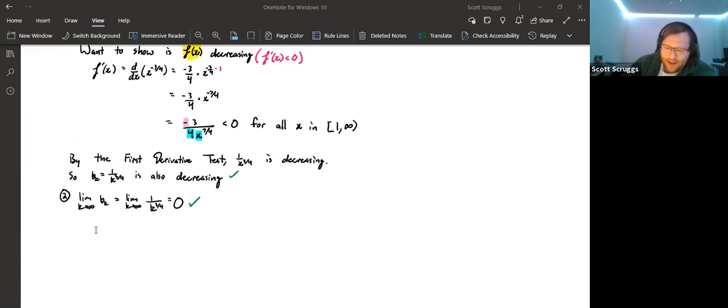So let's write that down. By the alternating series test, I now know that my series, negative 1 to the k power over k to the 3/4, converges.